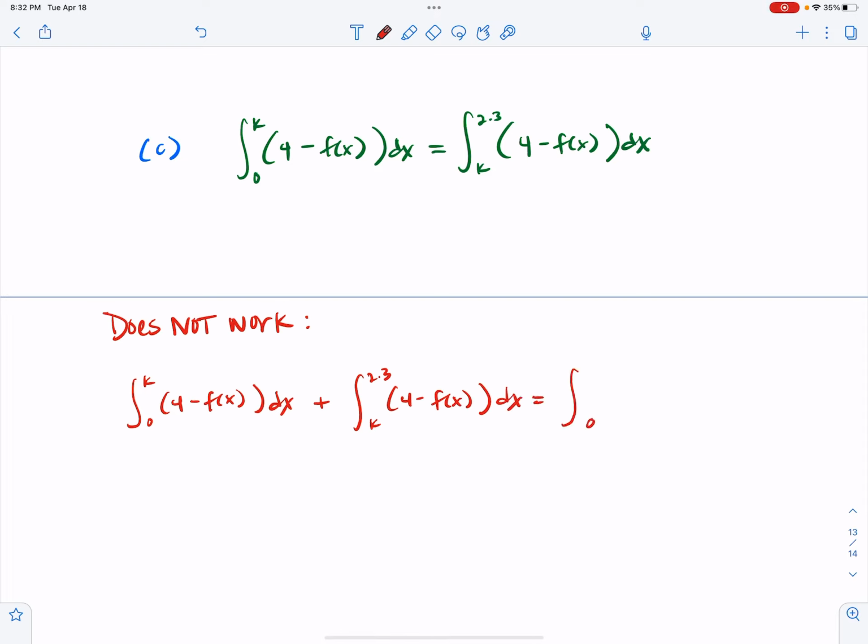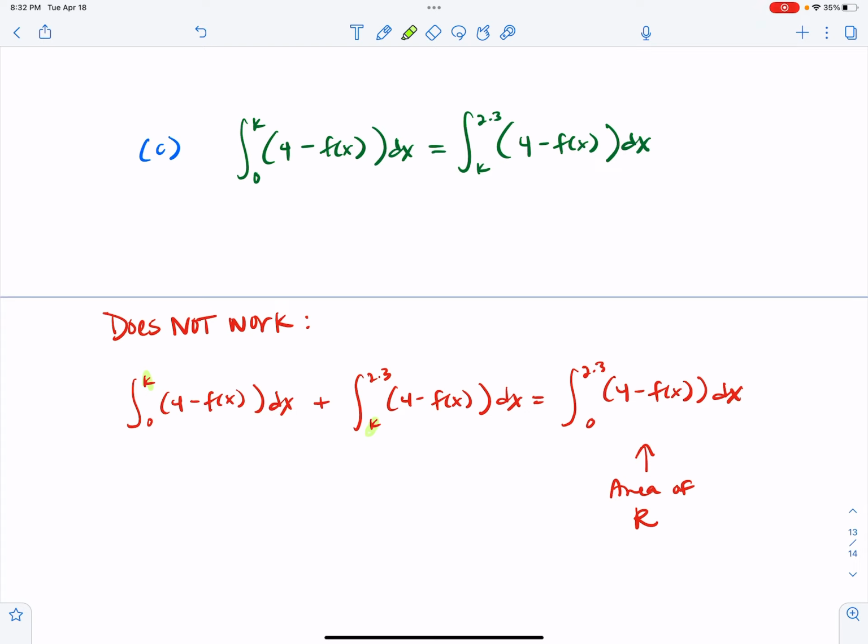Well, that should be the integral from 0 to 2.3 of 4 minus f of x, which would represent the area of region R. This is the area of region R. However, this statement is true for all values of k that are on that interval.